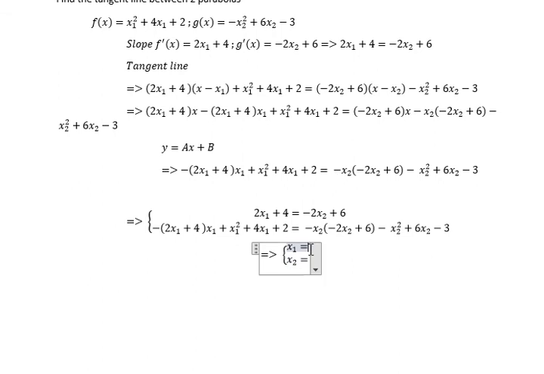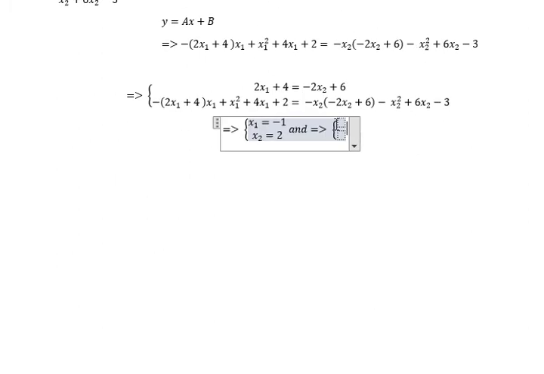So you can get s1 equals -1, s2 equals 2, and the second solution is s1 equals 2 and s2 equals -1.